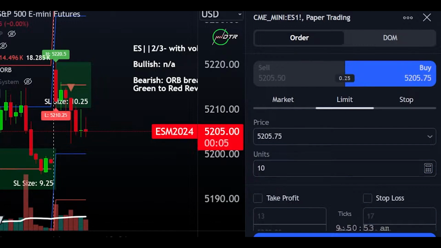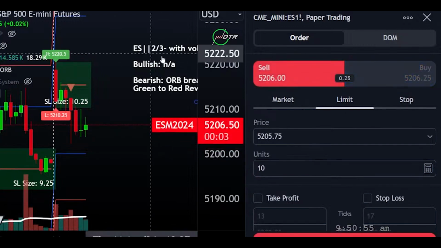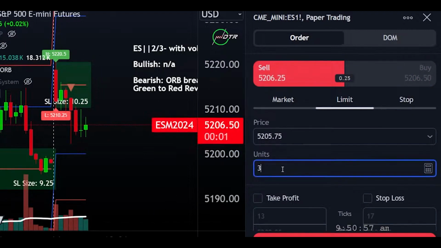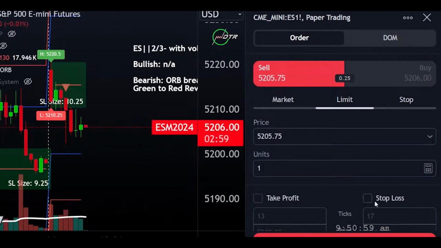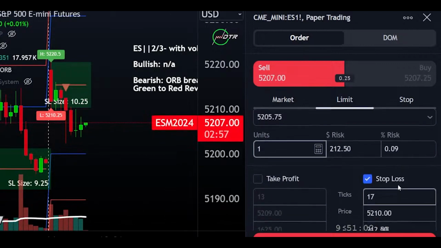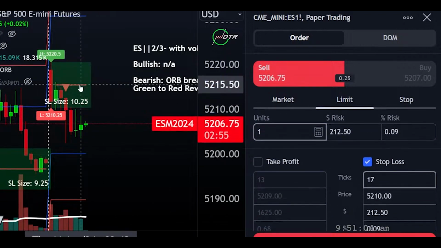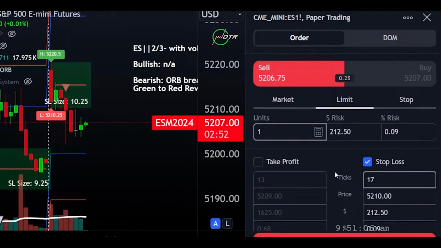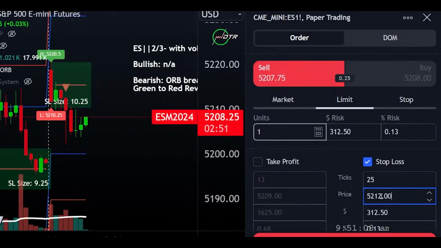Okay, so say I'm setting up a sell order. We'll keep this simple by one contract right now. Tick stop loss. Okay, where do I want to have my stop loss? 52.15.50, right?